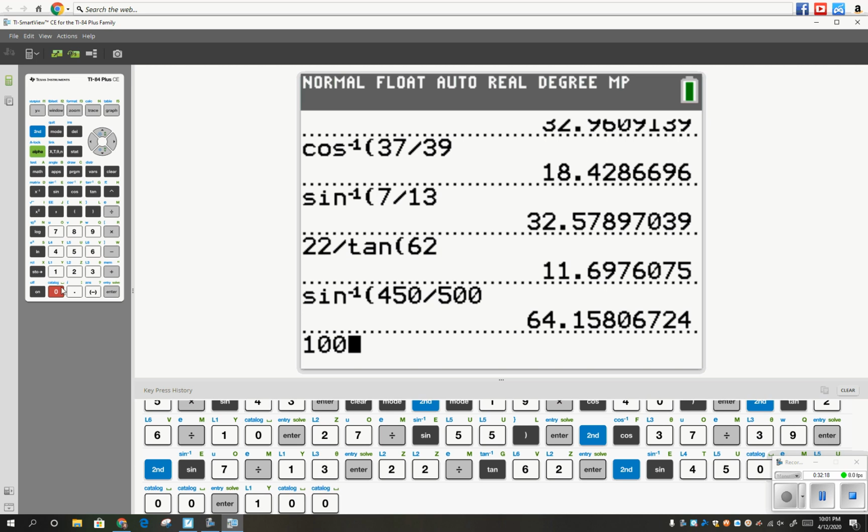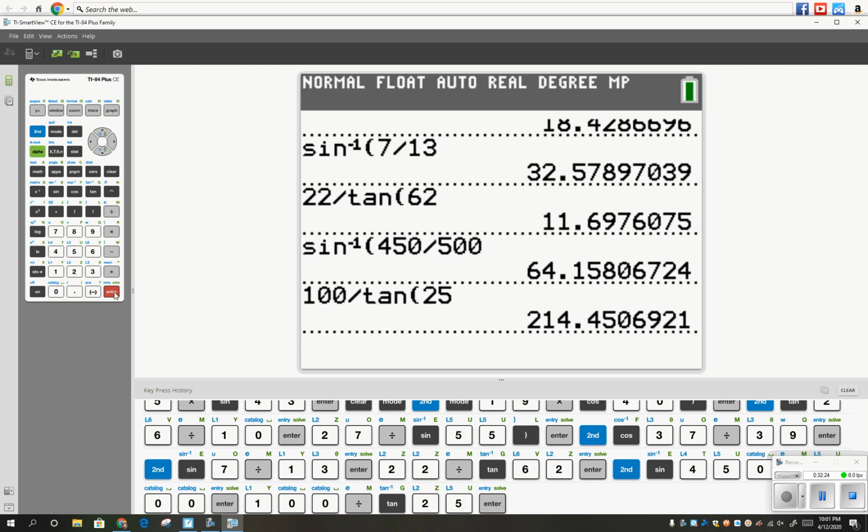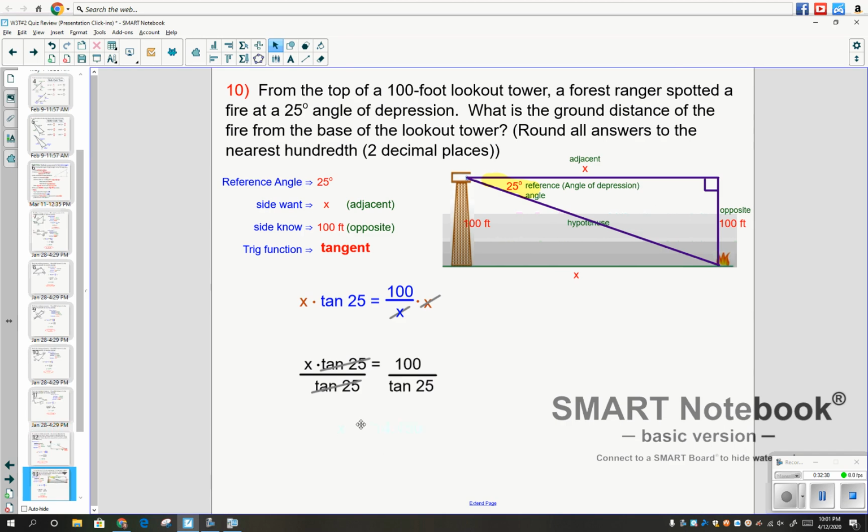Typing it into my calculator, 100 divided by tangent of 25, I get 214.450. Well, the 0 doesn't tell me to do anything, so 214.45 feet is my answer. The fire is 214.45 feet away from the lookout tower.